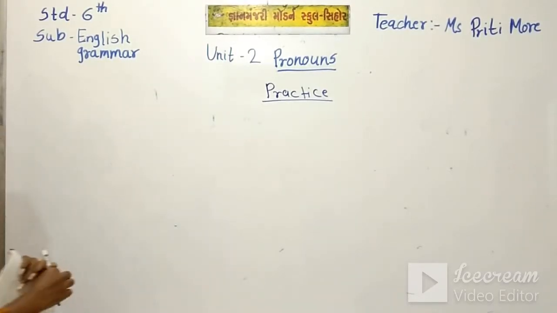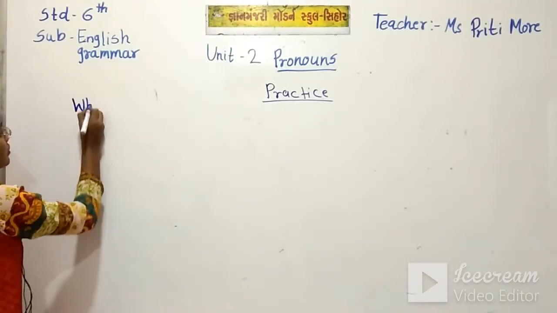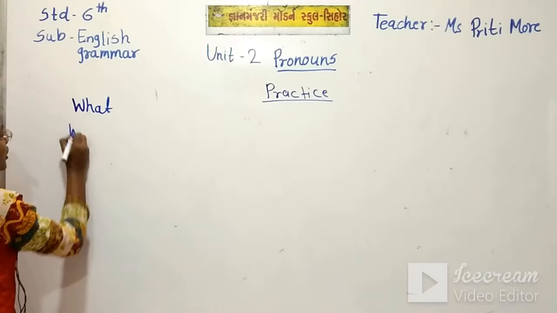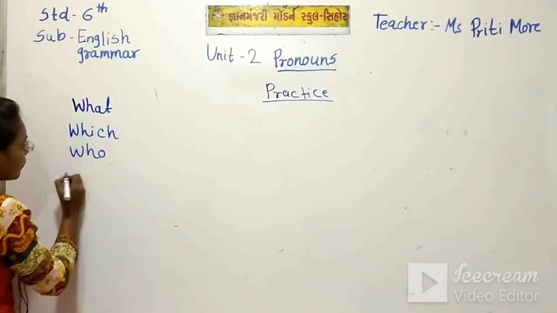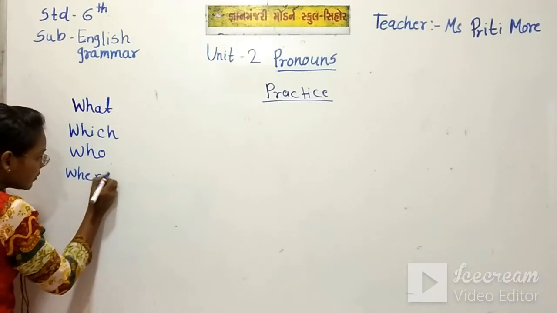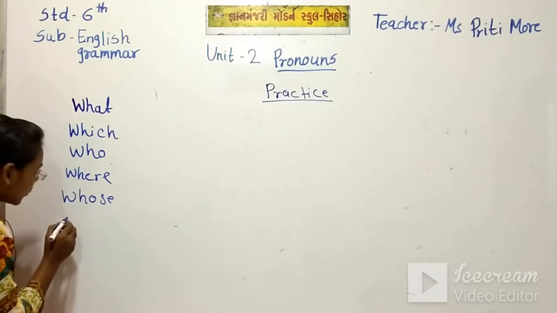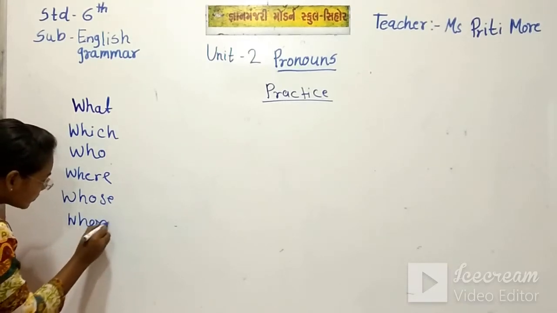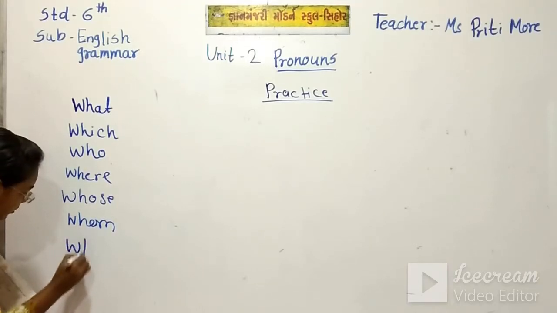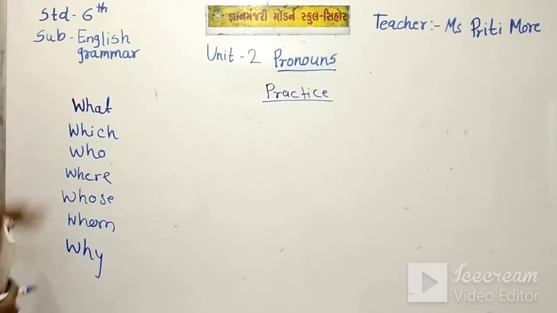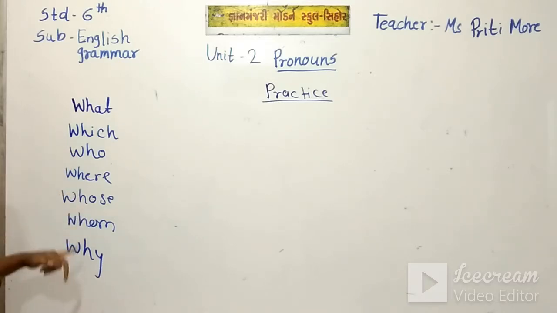First we see the WH words: what, which, who, where, whose, whom, why.